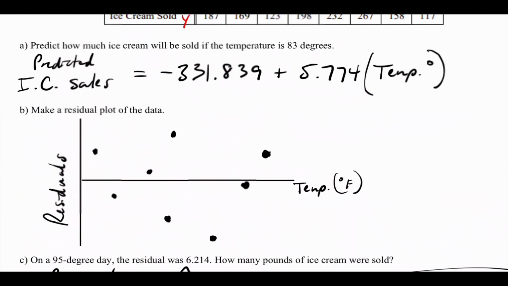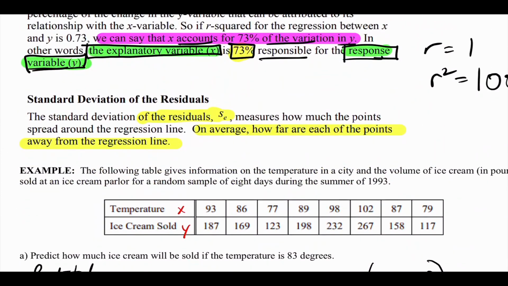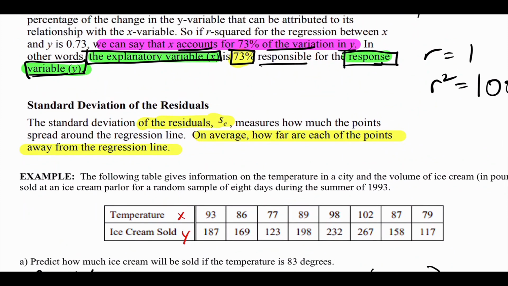Right here in yellow, we would say on average, each of the points is blank units away from the regression line. We would just say units because I think it's inches, but maybe centimeters. They don't say what units they told us.